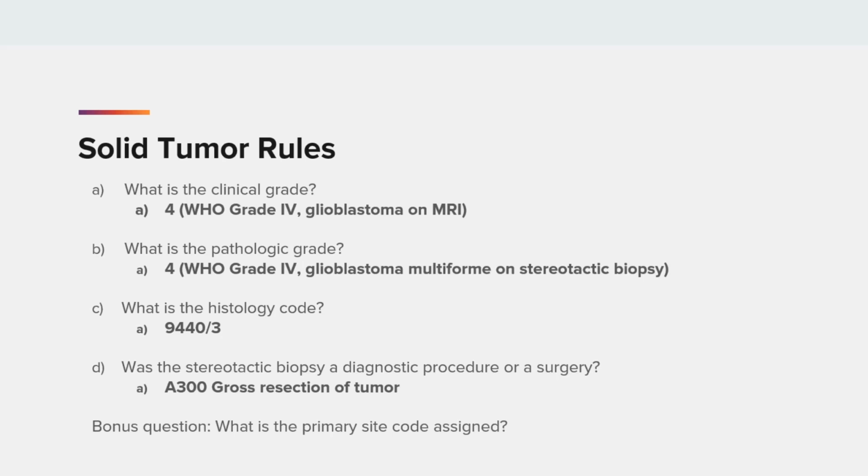We only need to show the most extensive procedure, even if there was a biopsy during the same procedure. So we would code the resection of the tumor. And then our bonus question. What is the primary site coded to? The left frontal lobe of the brain, C71.1. You would apply laterality here as the brain lobes are a paired organ.